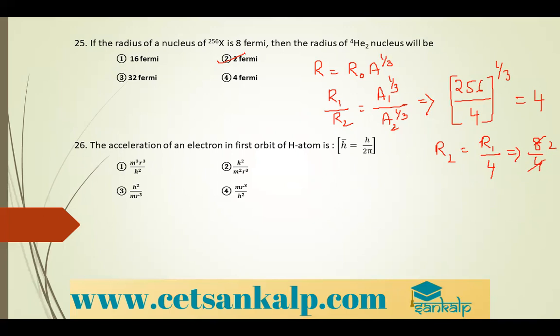the acceleration of an electron in the first orbit of a hydrogen atom is. So you have the formula, acceleration is equal to v square by r.